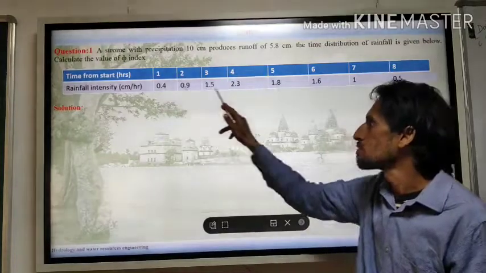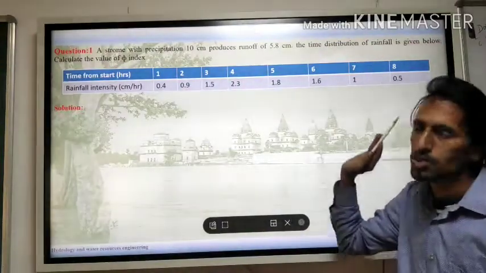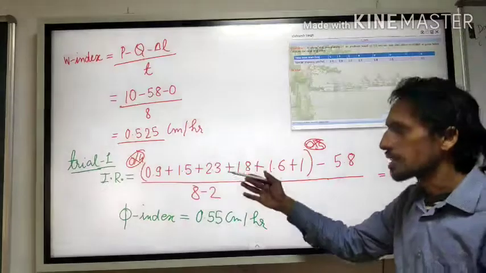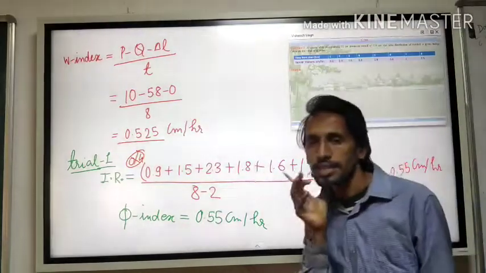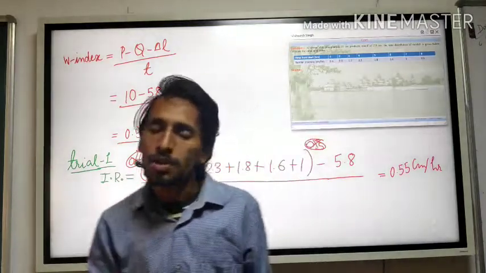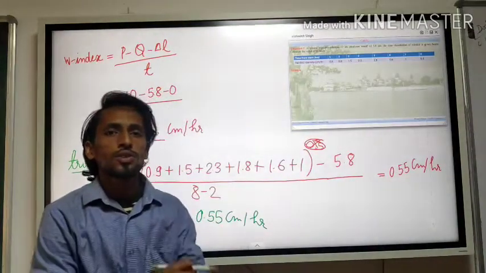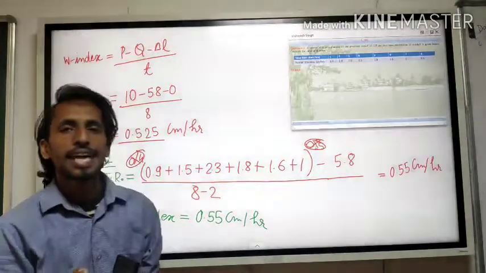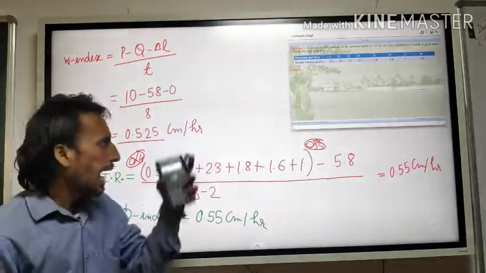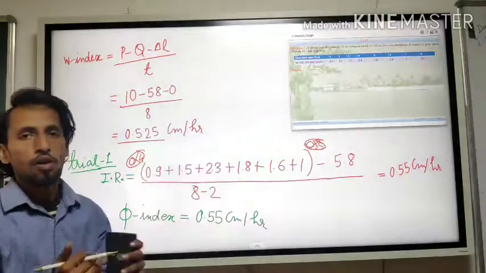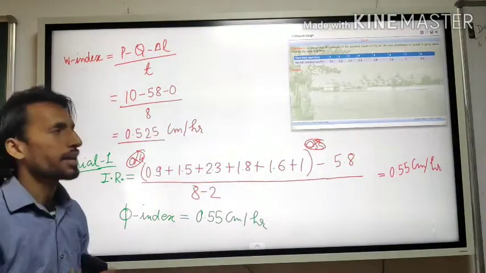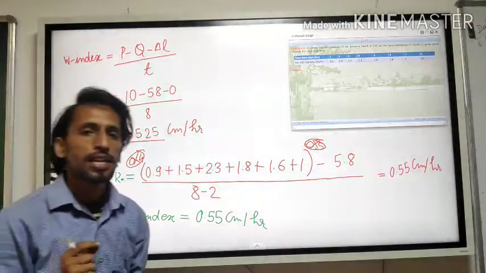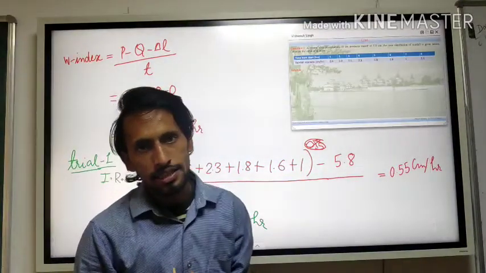The sum of all these values will be 10. So you don't have to worry about why I did this in half and like this in another half. You can do it that way also to verify yourself. But to understand, in one question itself I am doing this in two different formats so that you can verify it. So this is how we calculate the value of infiltration index.